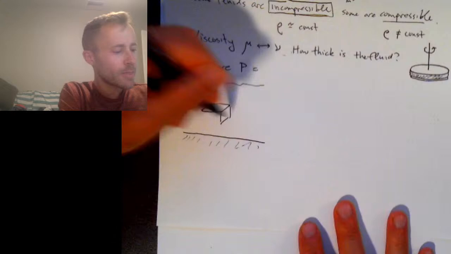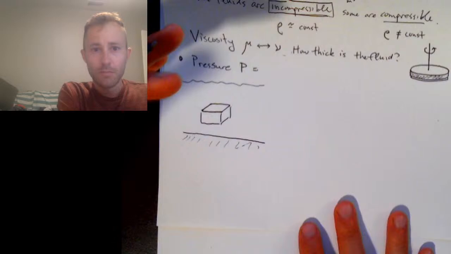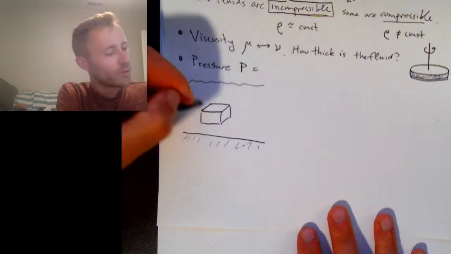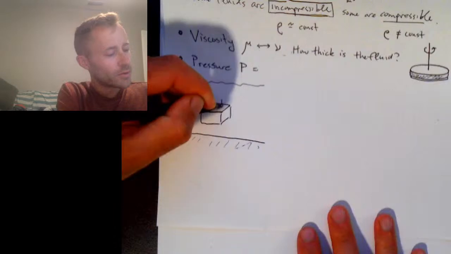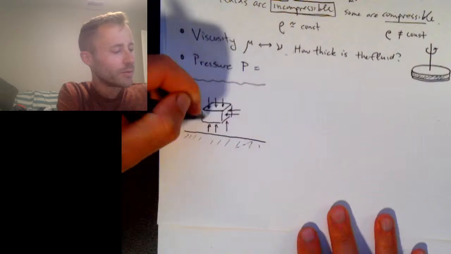The walls of that submarine are being pushed on by the fluid. The fluid wants to fill in empty space. So the fluid is going to be pushing on the top surface, on the bottom surface, and on the side. It's pushing on every side of this.